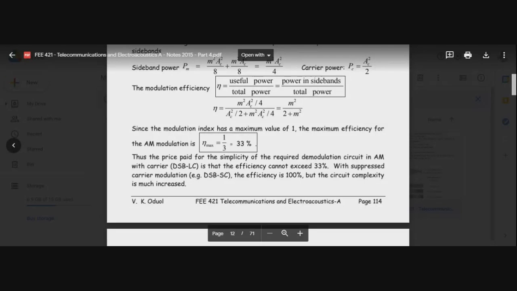If you had suppressed carrier, the efficiency is 100%. Well, that's a good thing. You'd prefer that, because all the power used is carrying the message. So the suppressed carrier would have 100% efficiency in terms of modulation efficiency.